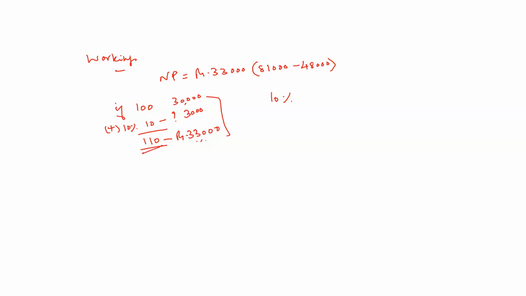That means it should be 110 rupees, which is equal to 33,000. Means what is 10% can be calculated. This is nothing but 3,000. So after charging such commission, your net profit is 30,000, on which 10% directly, if you work out, you also get the same 3,000. Can be either way.